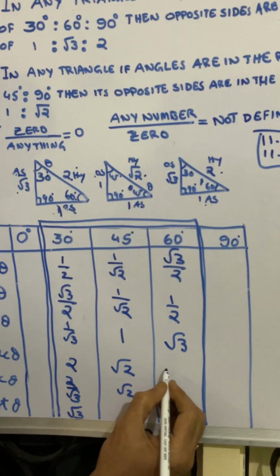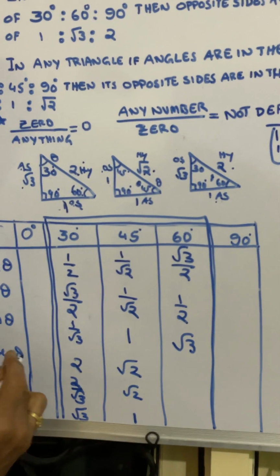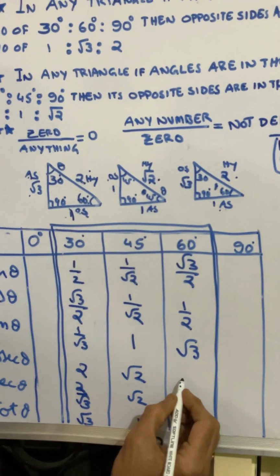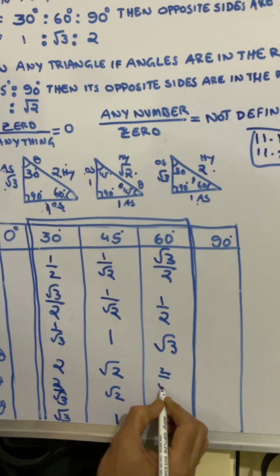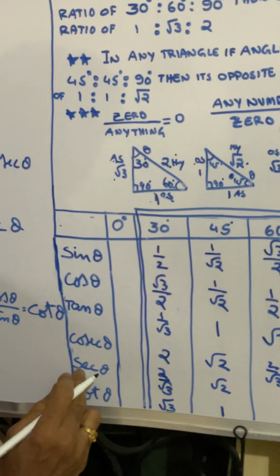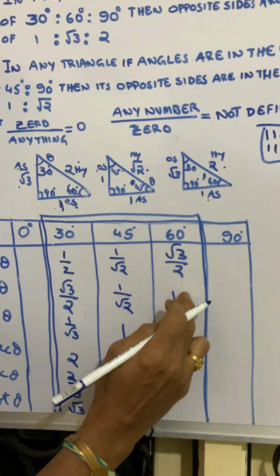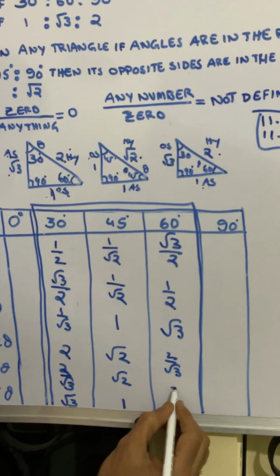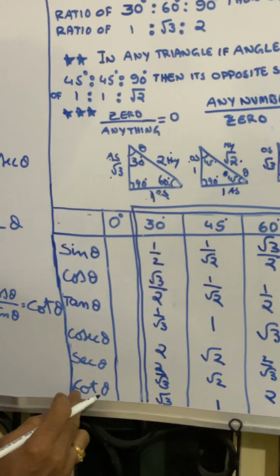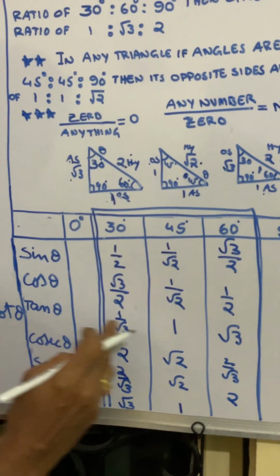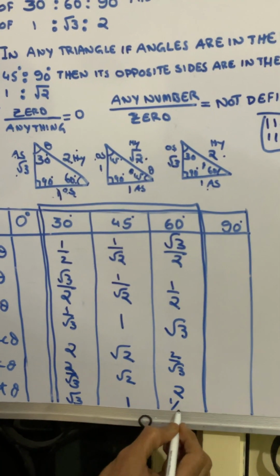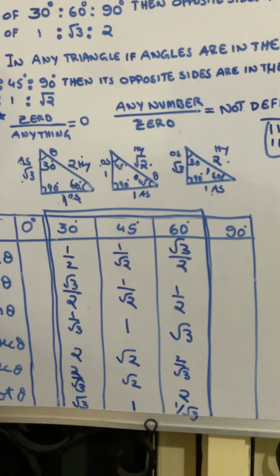Take the reciprocals of these. Cosecant 60 degrees becomes 2 by root 3. Secant 60, the reciprocal of cos, becomes 2. Cot, the reciprocal of tan, becomes 1 by root 3.